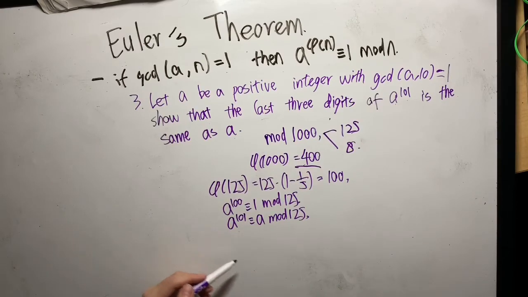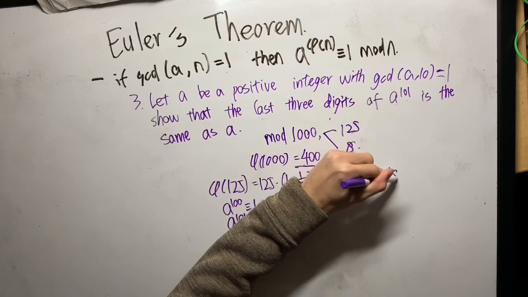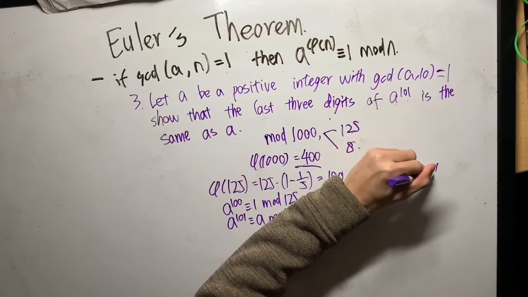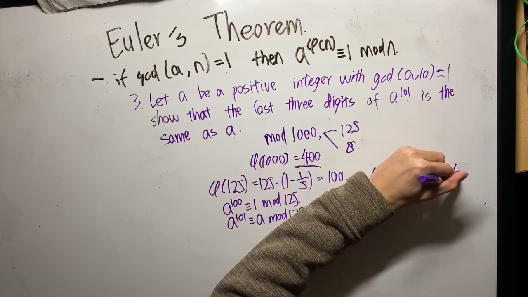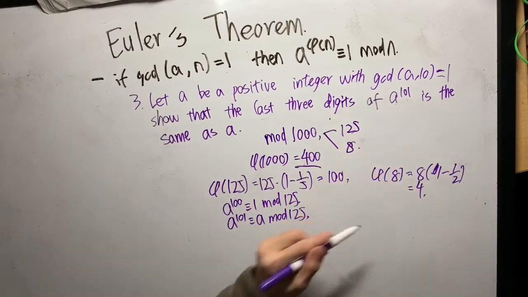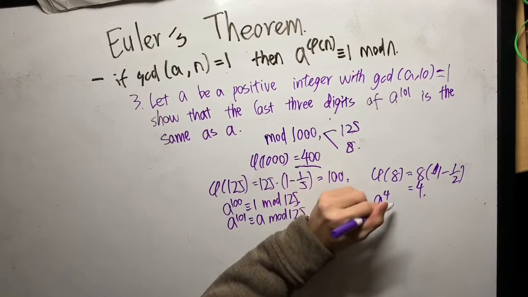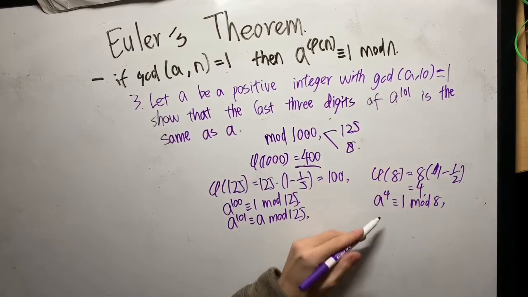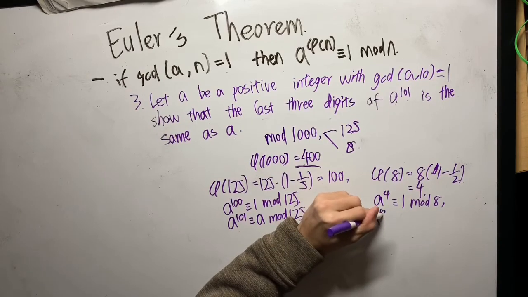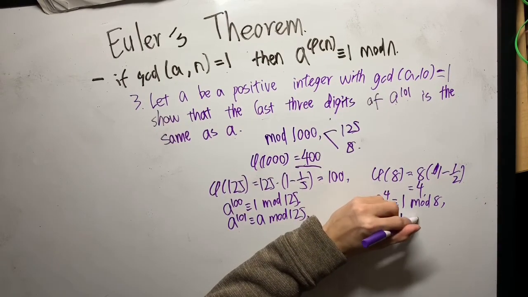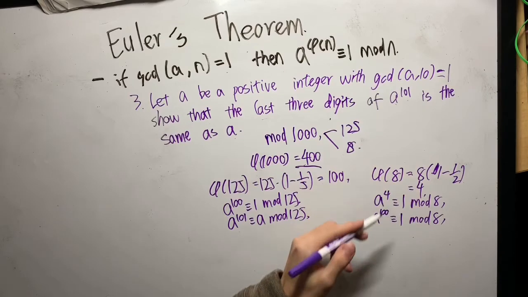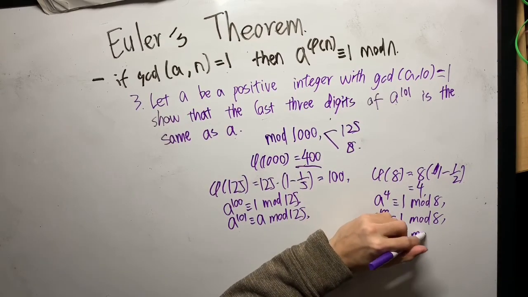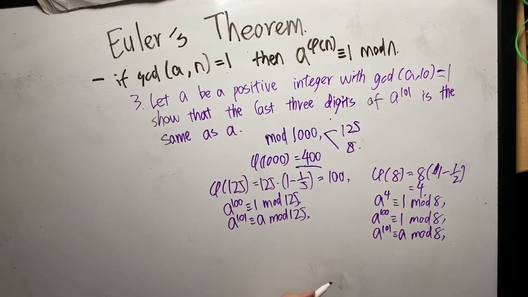So we have phi of 8 equals 8 times (1 minus 1/2), which equals 4. So we have a^4 is congruent to 1 mod 8. So a^100 is congruent to 1 mod 8, and it follows that a^101 is congruent to a mod 8.